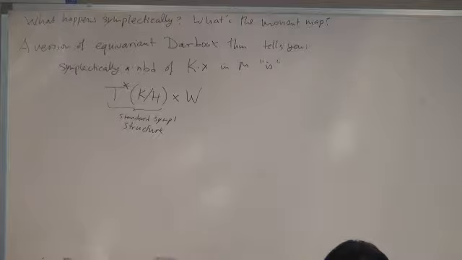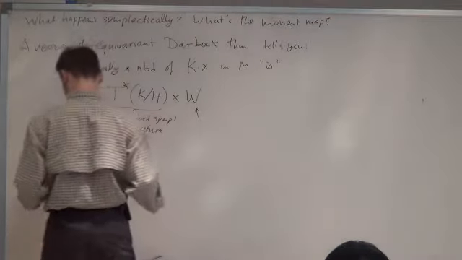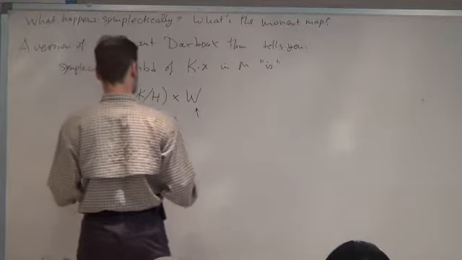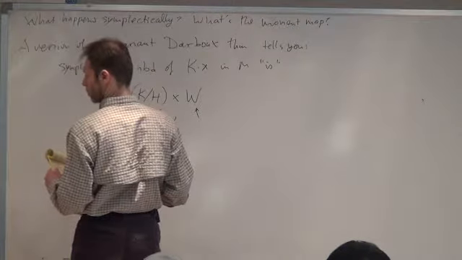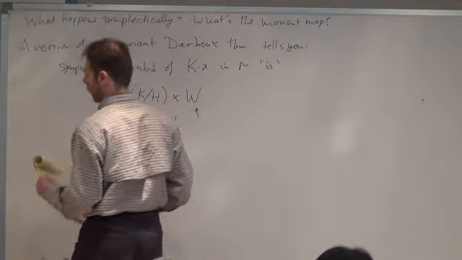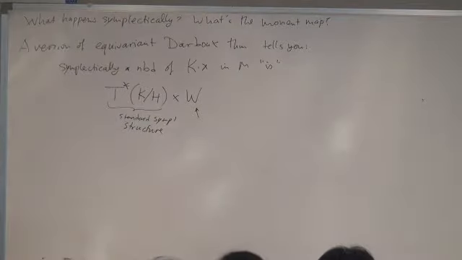All cotangent bundles come with a symplectic structure. I had a slip here. This W should really be a V. This guy should be symplectic. Here I'm not assuming that W is this cross this. Sorry. One of these days I'll get over the jet lag.